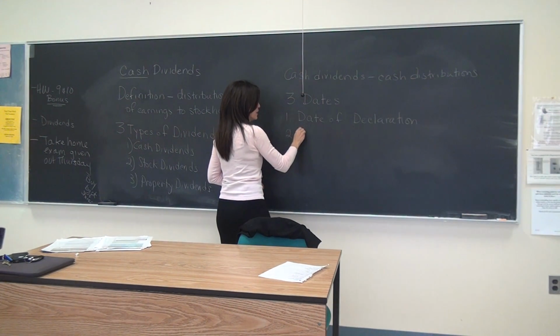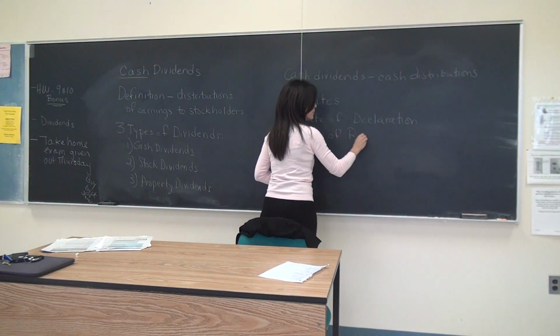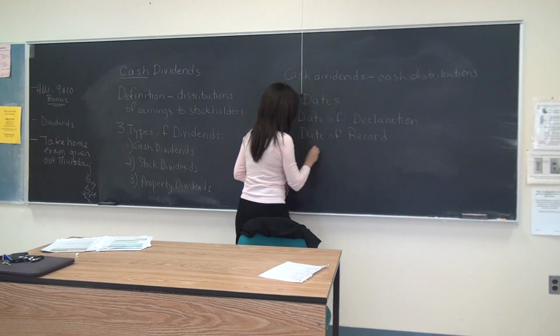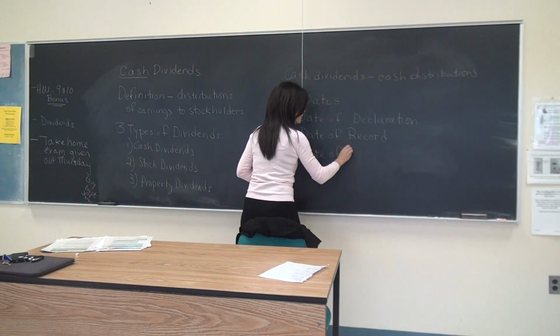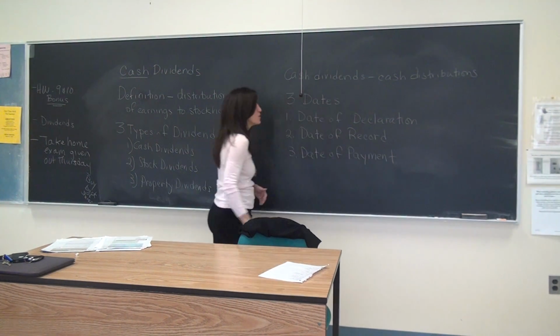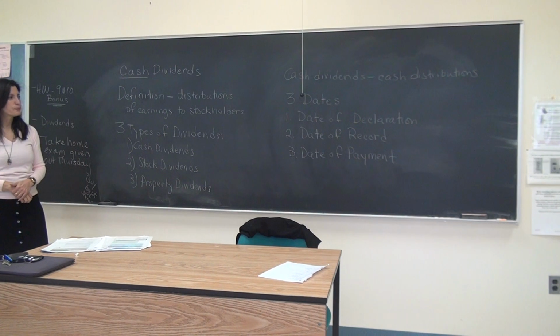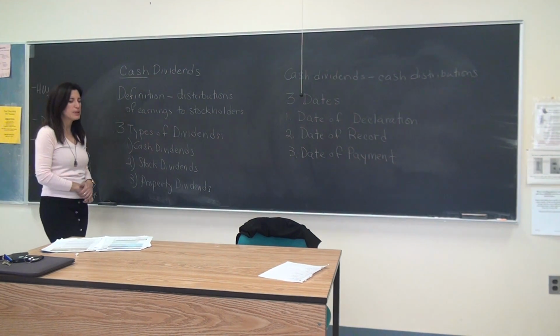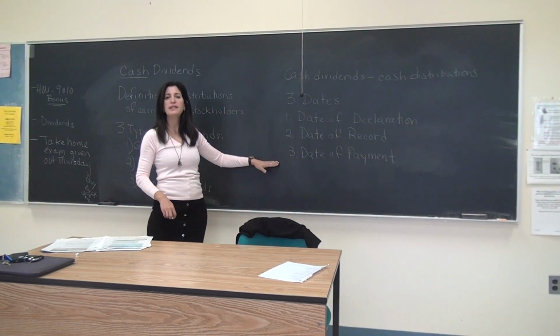Two is the date of record. Three is the date of payment. Date of declaration, date of record, and date of payment.